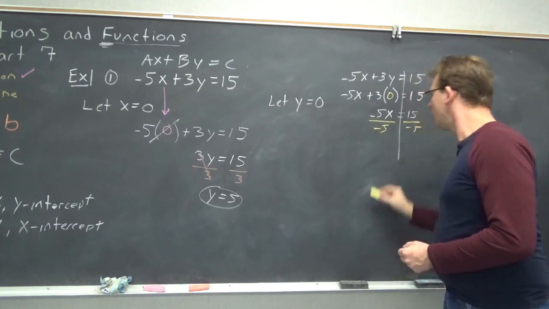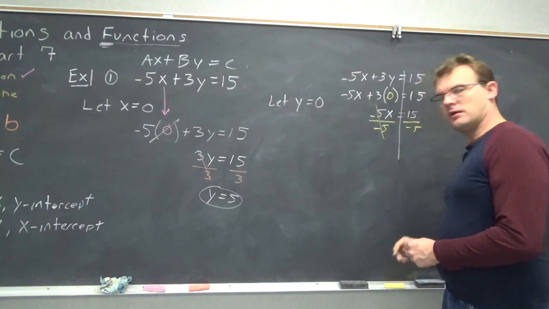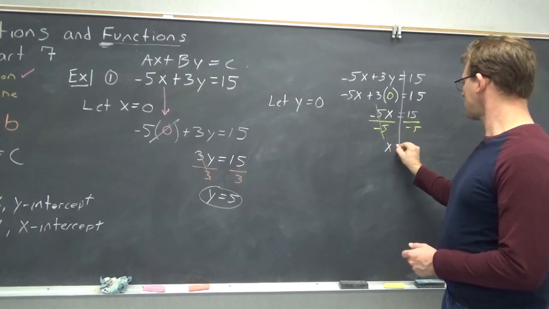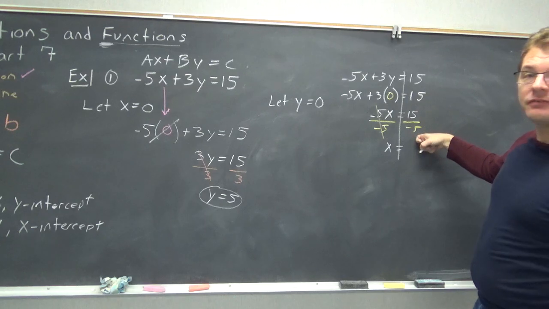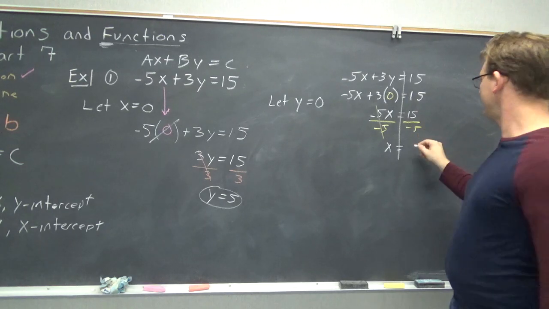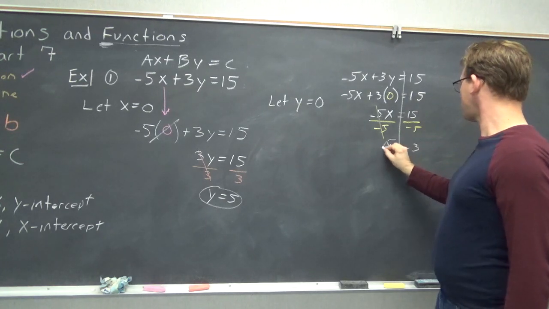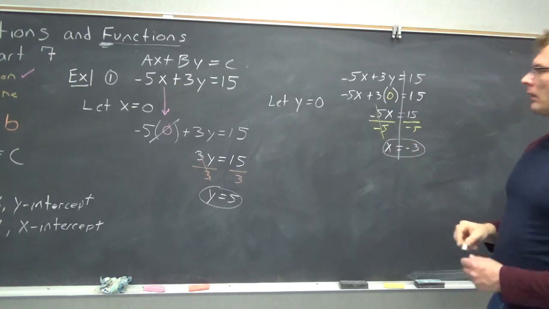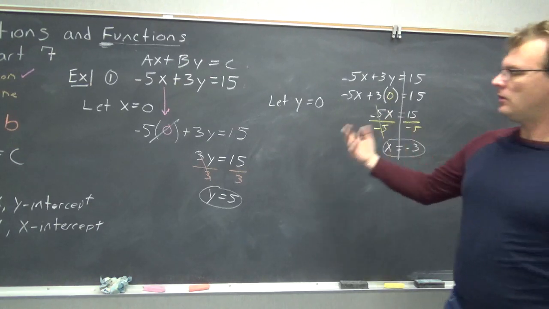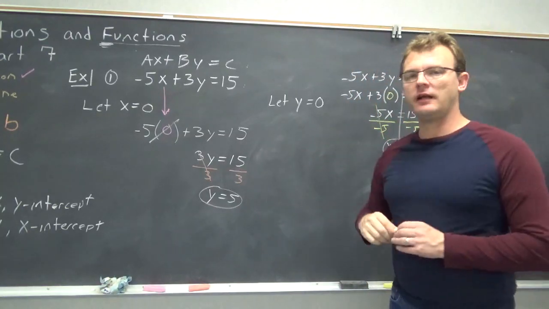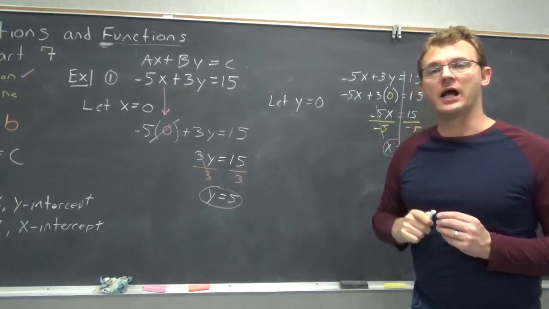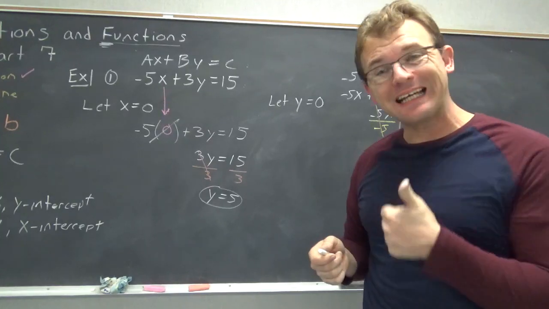This goes away. x equals positive divided by negative, negative 3. So you just found two pieces of important information about this line right now. You found where it intersects.